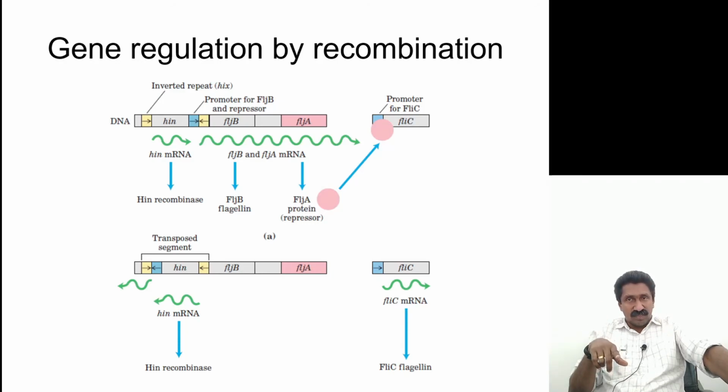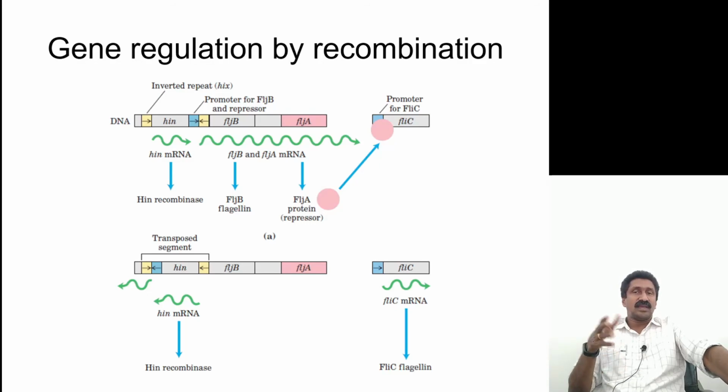But the Hin recombinase which is produced here will work on this gene, and an inversion between this sequence is done. If the segment between the yellow hix sites is inverted, the promoter of fljB will have a separate orientation, and it tries to start the coding of the mRNA in this direction and not in the reverse direction.